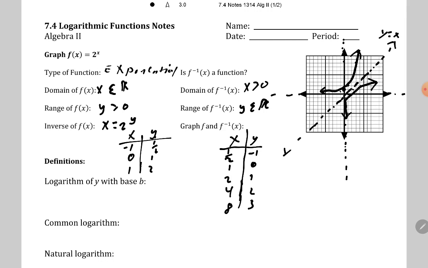So it just looks like that. Kind of made this bottom part a little curvy. And this inverse is what we call our logarithm.